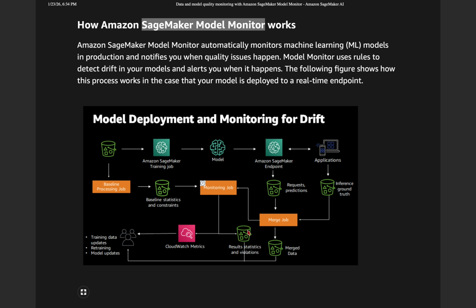The logic inside the monitoring job will save the output to the S3 bucket with a violation, and based on this violation, it will send an alert to the user for updates that could be in training, in data, or in the model, and based on that output we will do the retraining. And this is for the real-time endpoint.